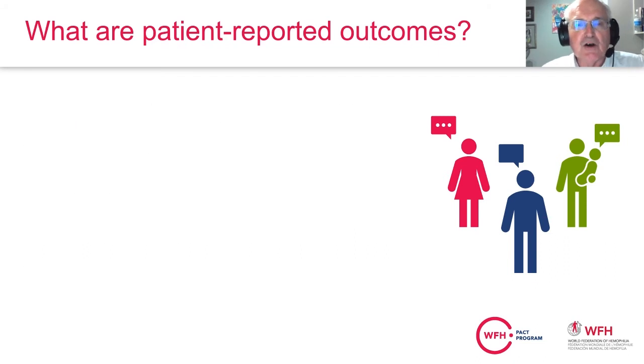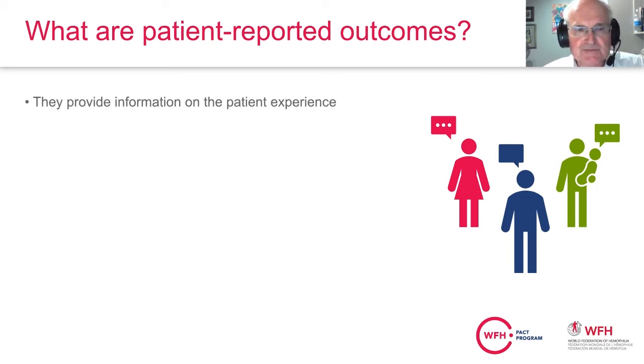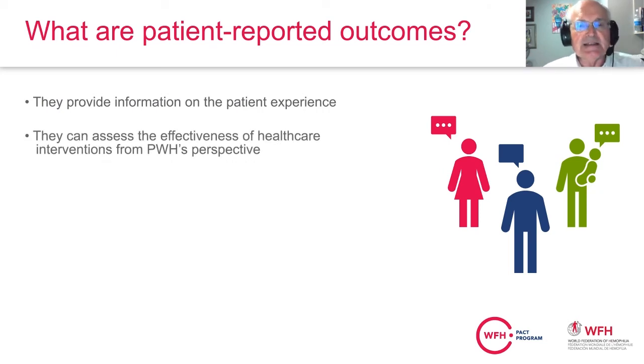So, what are patient-reported outcomes? They provide information on the patient experience. They can assess the effectiveness of healthcare interventions from the person with hemophilia's perspective. They are actually the patient's voice.